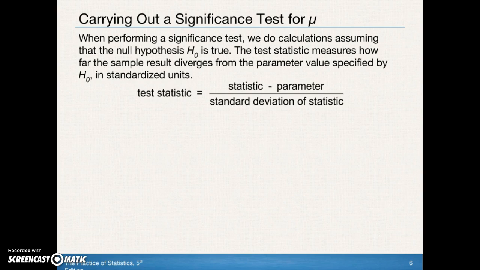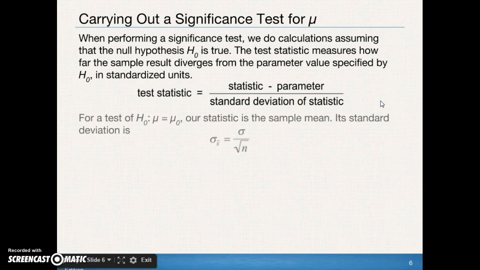And it looks very similar to when we were doing proportions. Again, there's a test statistic, and that equals the statistic, in this case, the average or mean of your sample, minus the parameter, again, as it states above, what came out of our hypothesis, divided by the standard deviation of our statistic. Again, when we're testing our null, ideally it would be, do we actually know the population standard deviation?